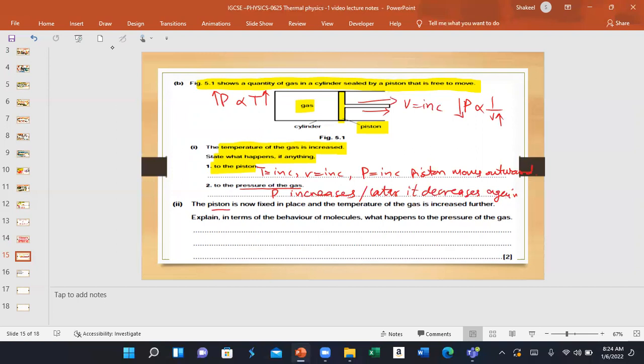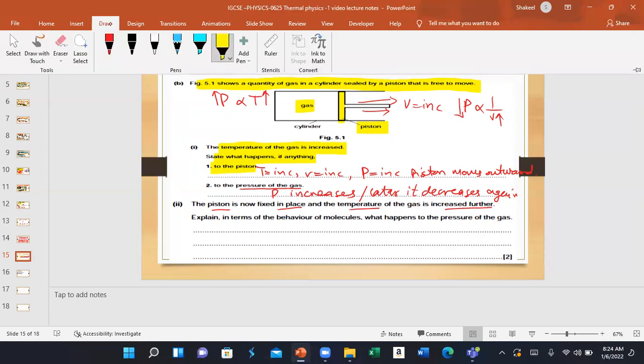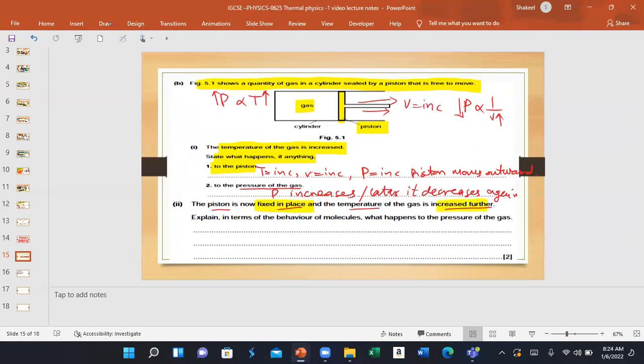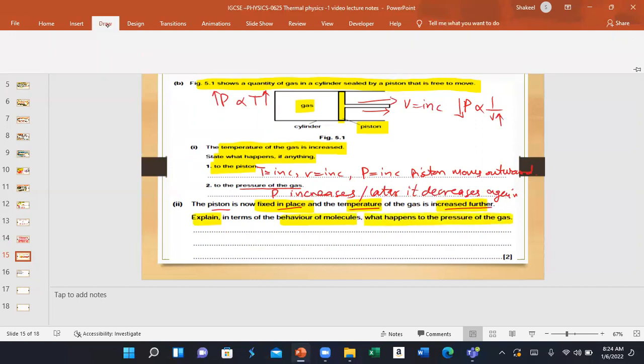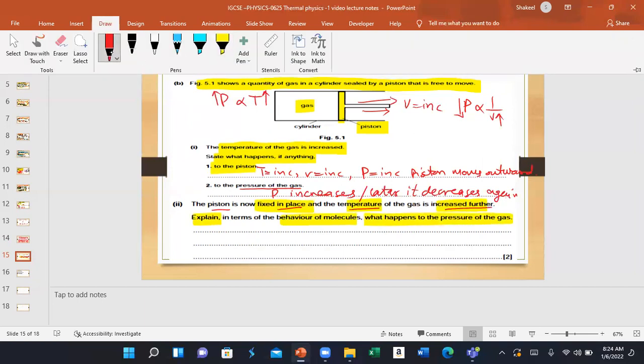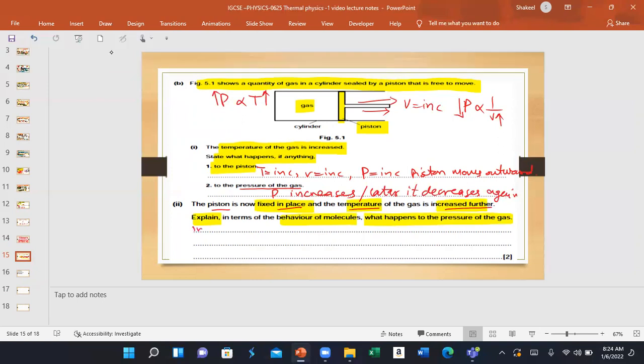Okay, the piston is now fixed in place and the temperature of the gas is increased further. Okay, now they fix the piston and the temperature increases further. Explain in terms of the behavior of molecules what happens to the pressure of the gas. Well, the same thing, actually. So, increase in temperature will increase the speed of particles.